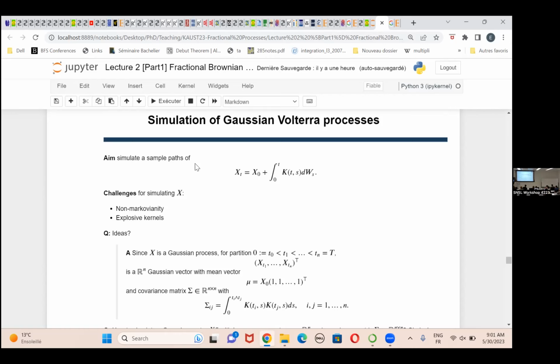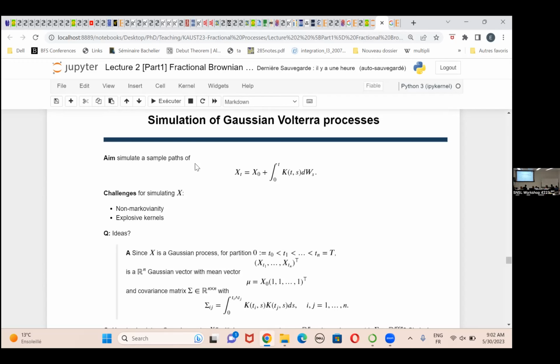Gaussian processes, you can simulate them in a very natural way using the Cholesky method, right? So how do you do this? Since X is Gaussian, you start by discretizing time between 0 and capital T. You consider the n-dimensional vector X evaluated at t1, ..., tn.